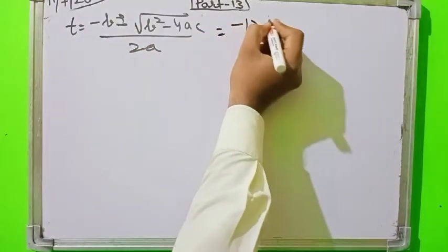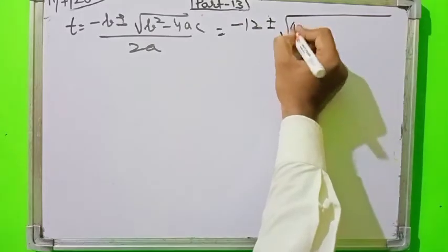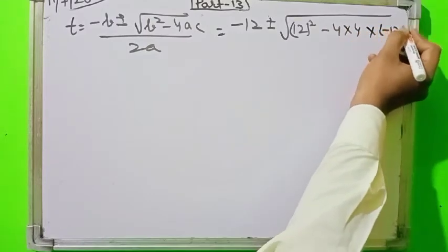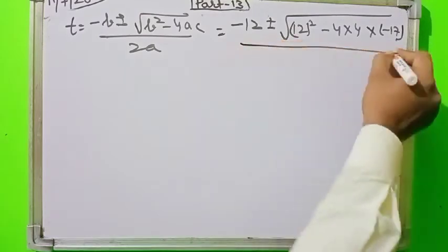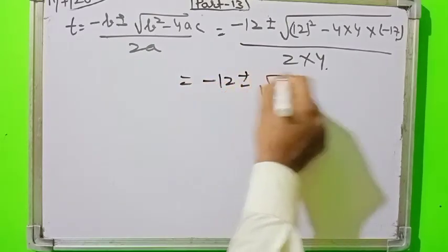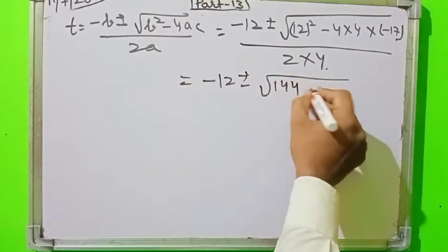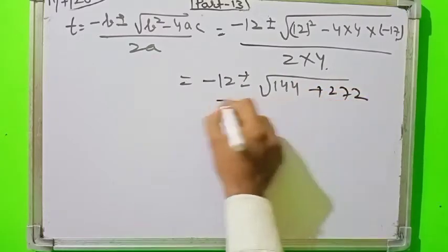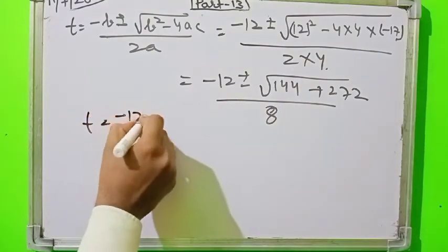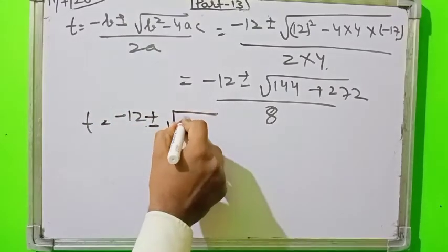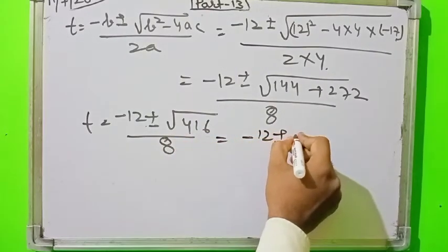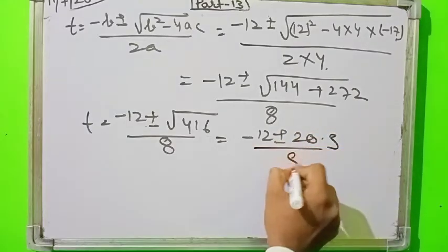You will get minus 12 plus minus under root 12 square minus 4 into 4 into minus 17 upon 2 into 4, and from here we get minus 12 plus minus under root 144 plus 272 divided by 8, and we will get t is equal to minus 12 plus minus under root 416 upon 8, or minus 12 plus minus 20.3 upon 8.